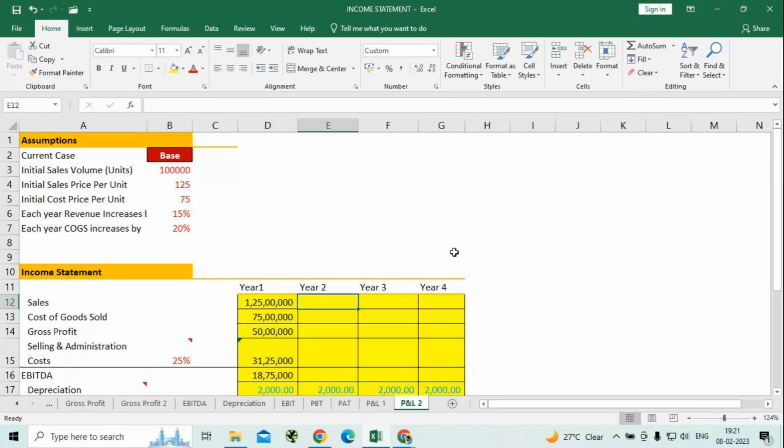In the last session we discussed how to increase the value from year to year.